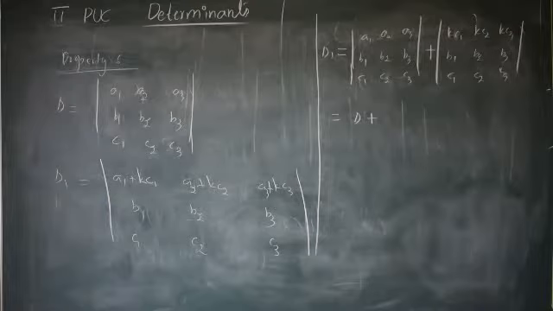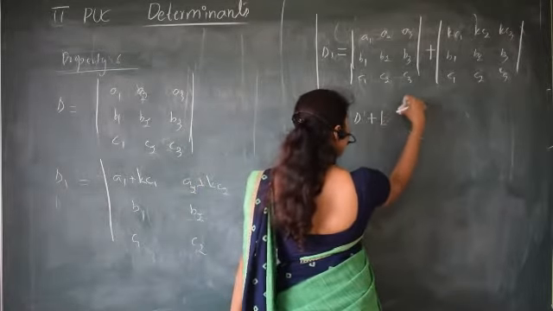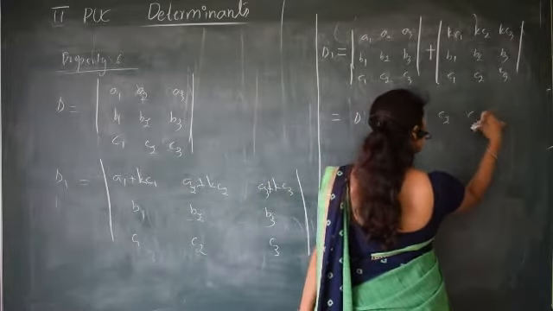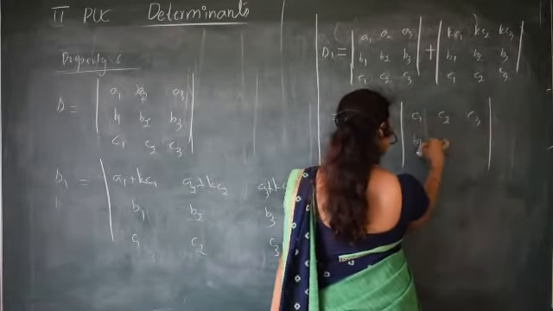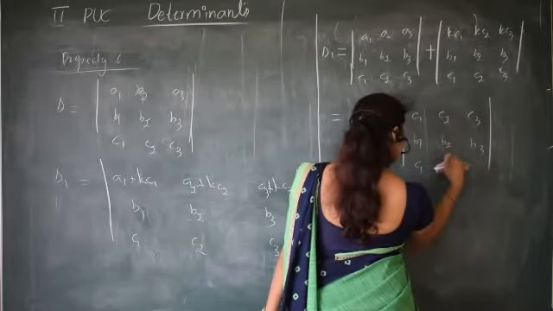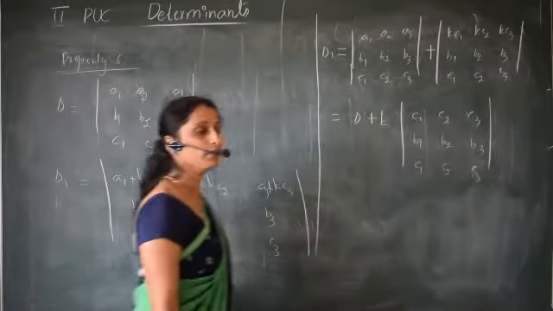That is property number 4. So I can take k outside and the remaining will be C1, C2, C3, B1, B2, B3, C1, C2, C3. So now we got the determinant like this.